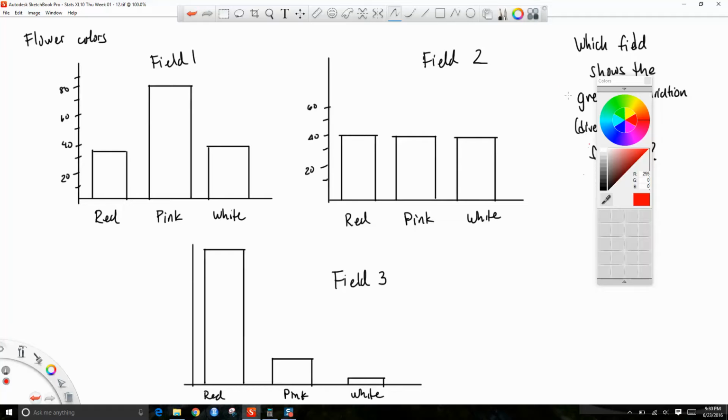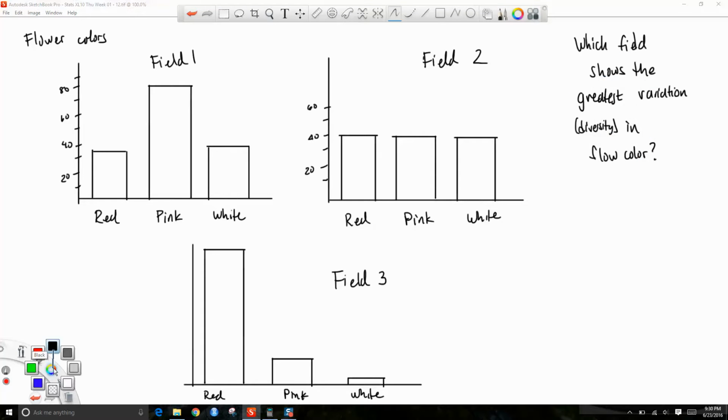So we've got this, and we're going to ask, okay, what do you guys think? Which field shows the greatest variation in flower color?